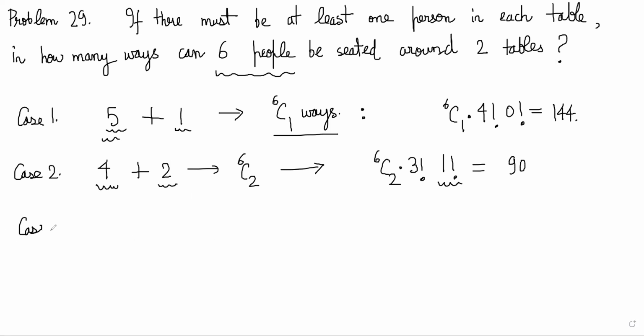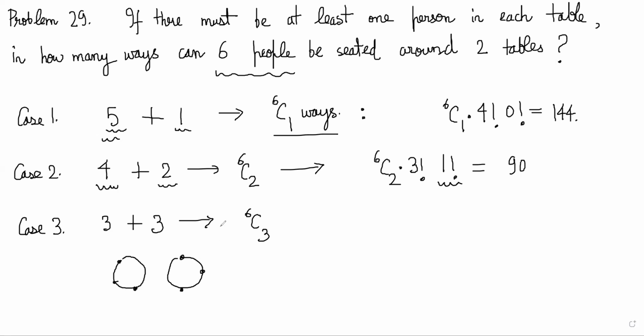And finally, case 3, where you have 3 plus 3. Here we have to be a little careful, because when you select 6C3 ways of selecting 3, the other 3 go on the other table. But this arrangement has a little bit of symmetry. You could have done the same thing if you put 3 people here and the remaining 3 people there.